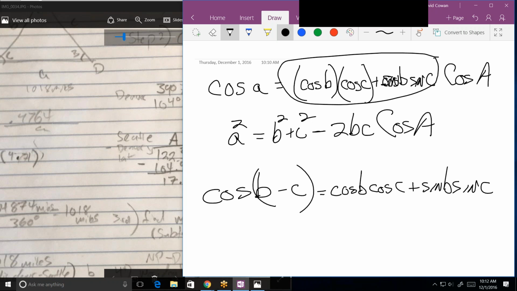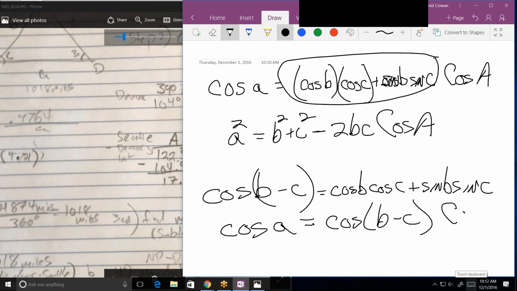So okay, let me see if I can work out the math here. I got the cosine of little a equals, and in place of what you've got, I'm going to write cosine of B minus C, and then cosine A. So the cosine of B minus C must be equal to the cosine of little a divided by the cosine of big A.